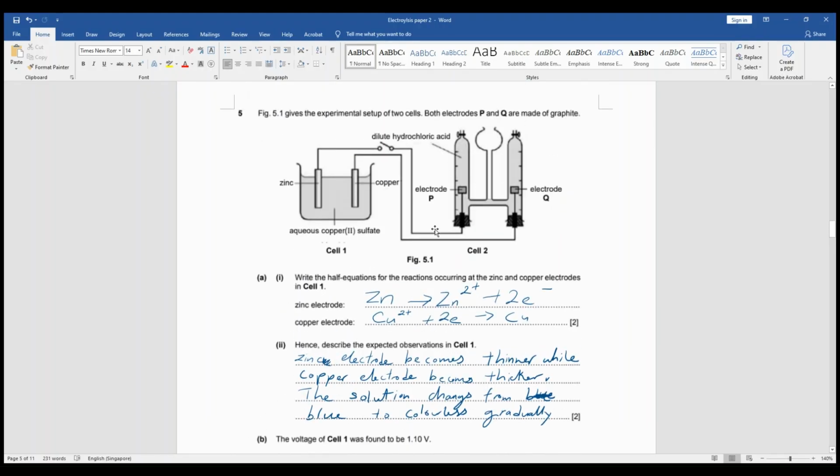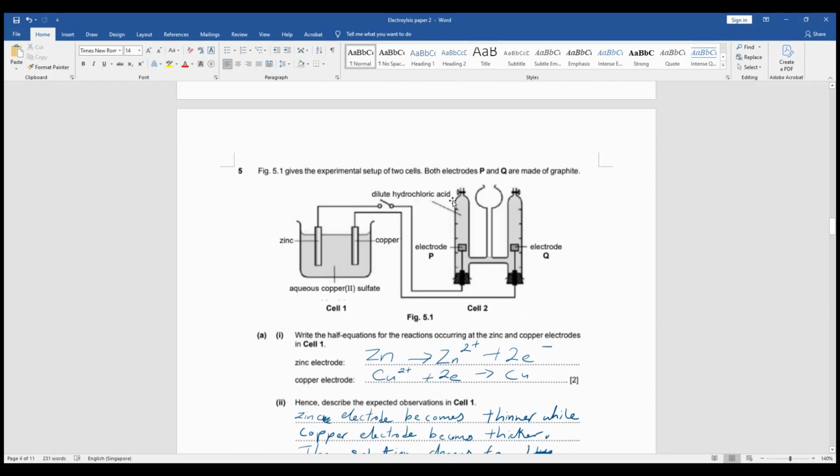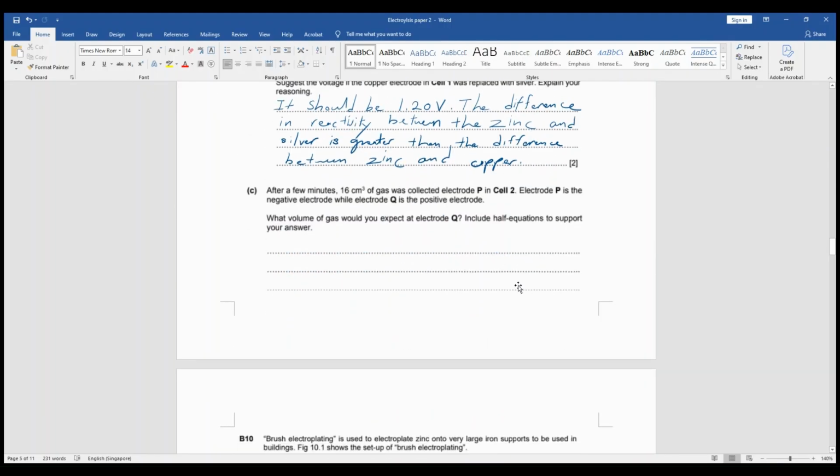So P being the cathode, what would P get? Dilute hydrochloric acid. So P being the cathode would give you hydrogen gas, and it is dilute. So Q being the anode will give you oxygen. So we'll just write the half equation, which is something you are very familiar with. So at P, again your half equation you should be very familiar with.